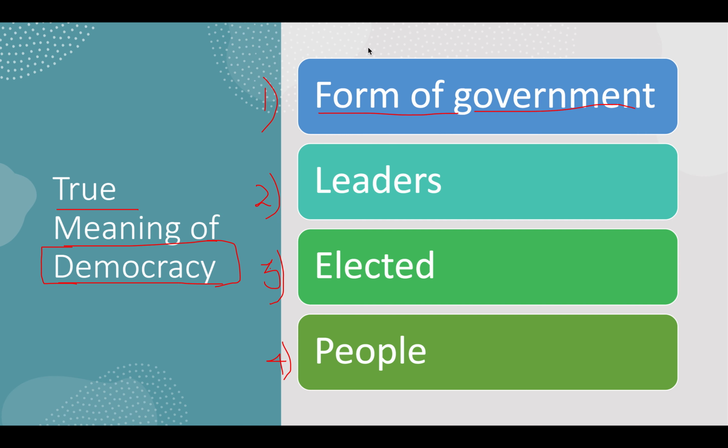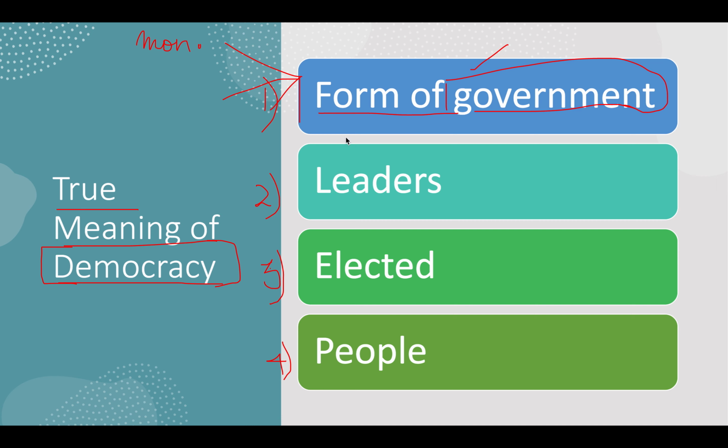By this I mean that there can be different forms of government, as we all are now aware of. The very first form of government could be monarchy. It is not always referred to as government only; it is a form of governing a country.